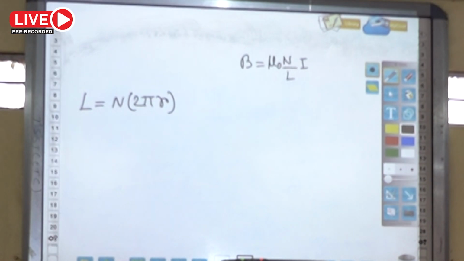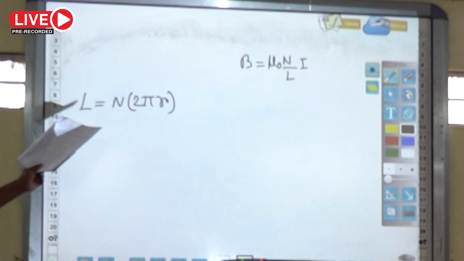The total length of the wire is N times 2 pi r. N turns are there.